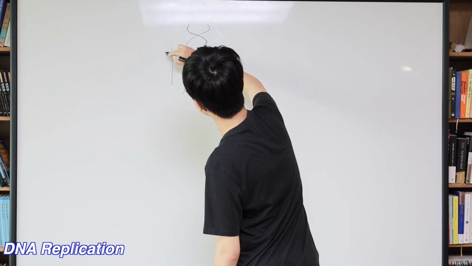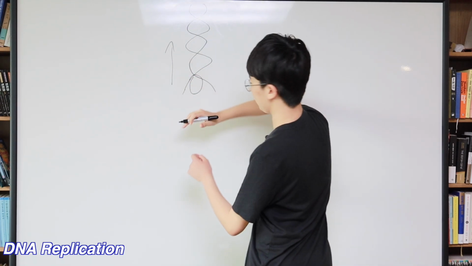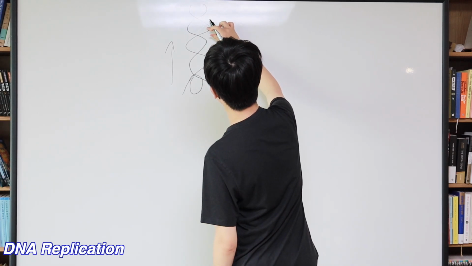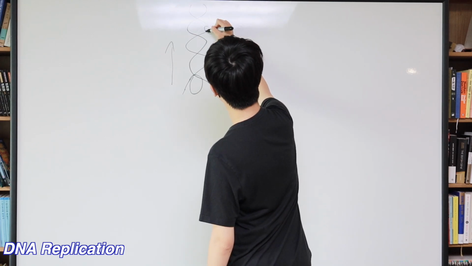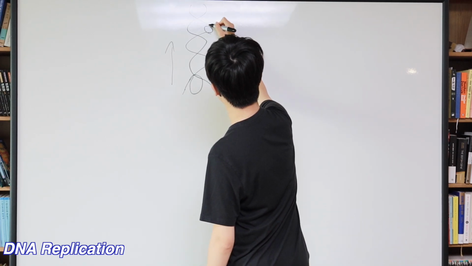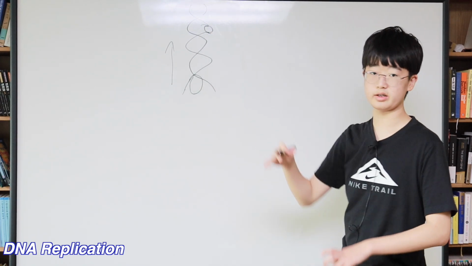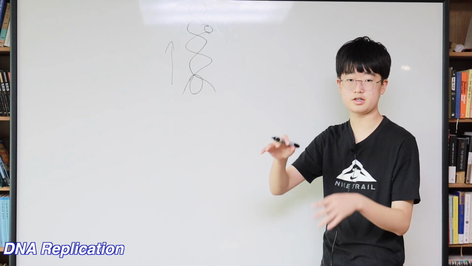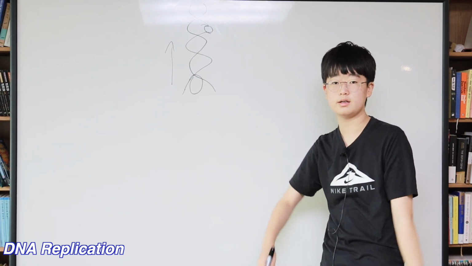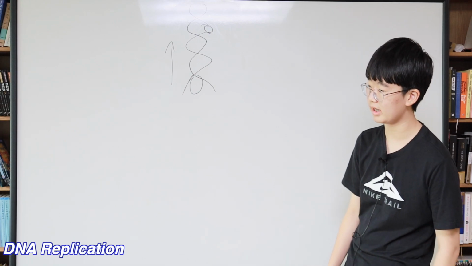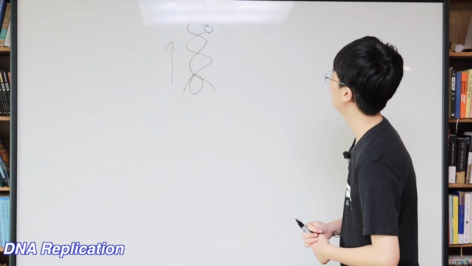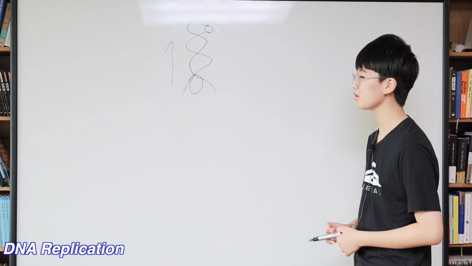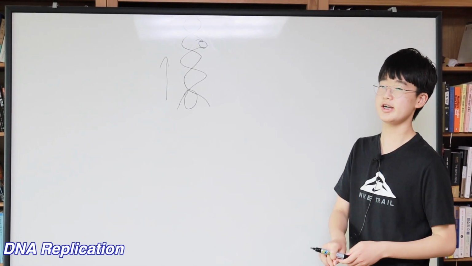So it moves this way, and somewhere there's going to be a topoisomerase which broke up the DNA so it doesn't swivel up. The DNA does not get all twisted and become a triple helix. Does it become a triple helix? Or helix squared?